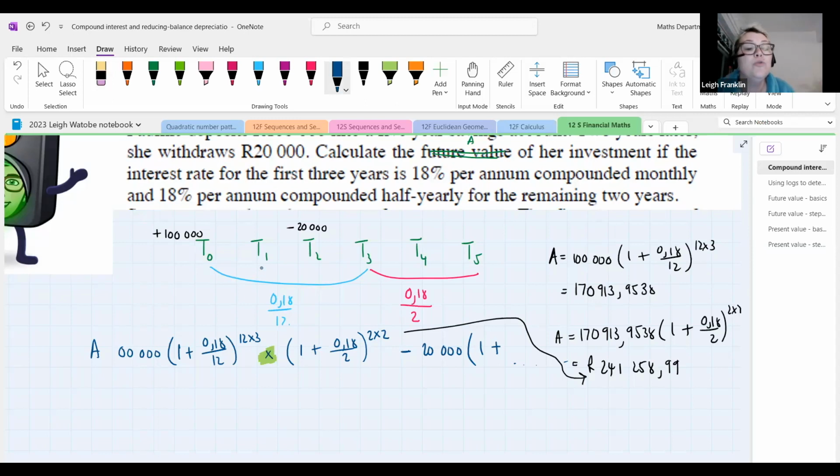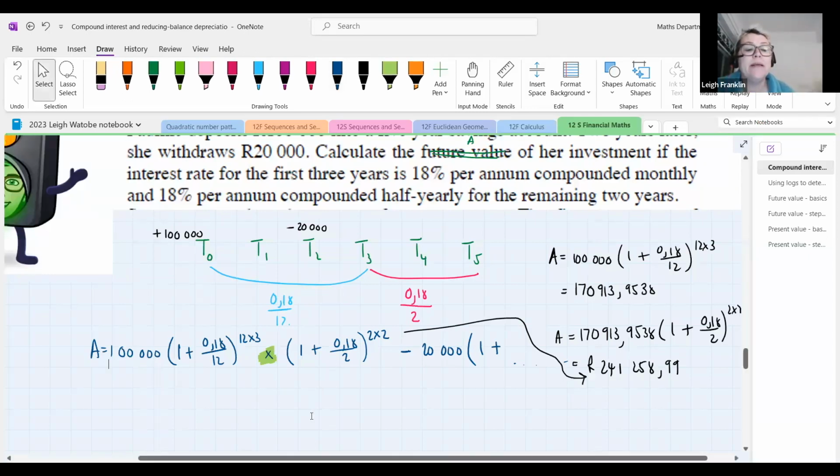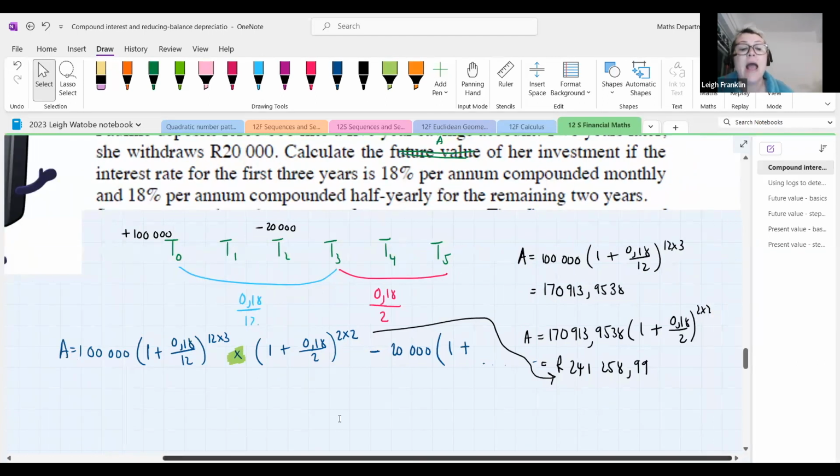So that's how you will know the difference between whether you are supposed to be multiplying, adding, or subtracting. Adding and subtracting are for deposits and withdrawals. You times by a new bracket when money is staying in the account and your A becomes your new P.